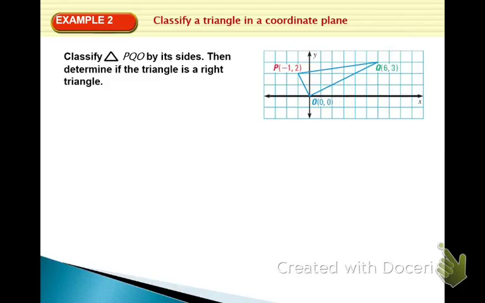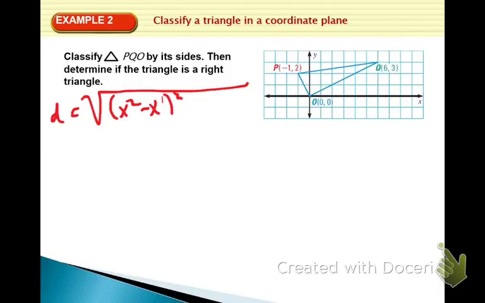The distance formula is distance equal to the square root of x2 minus x1 squared plus y2 minus y1 squared.